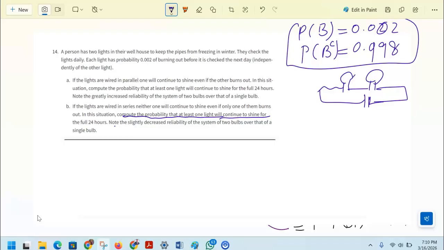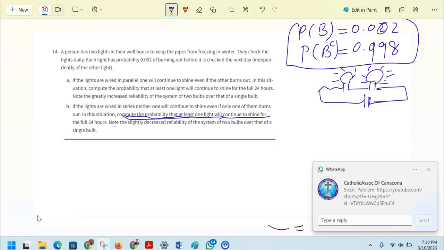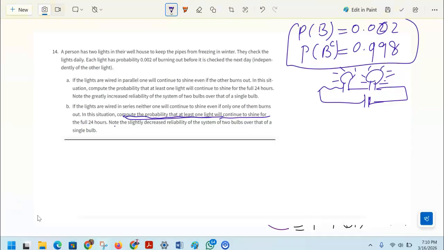That means for the light to burn, both should be burning, right? You can't say one will burn or the other will not burn. So this basically means probability of at least one light continuing to shine.